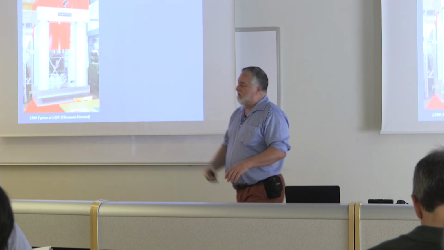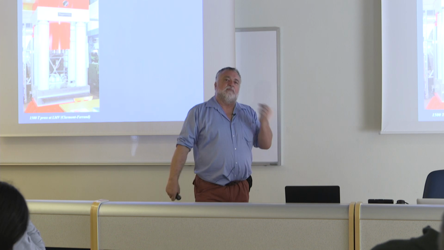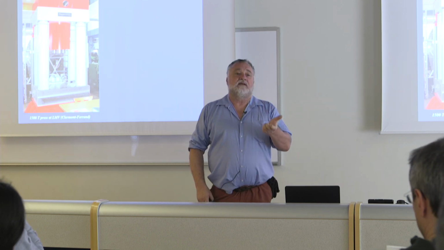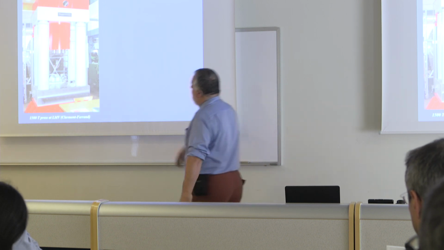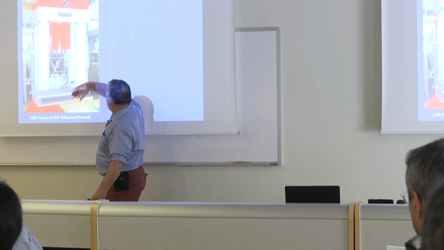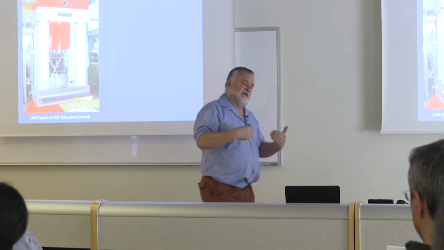So, okay, this is a game. This is a result of modeling made by geochemists. We take the chemical composition, make some assumptions, some models, and we say, okay, we need this. Another possibility was to take a basalt and to really melt a basalt. So here is a press that we use in my lab, in order to create the high pressures that we can find in the earth.